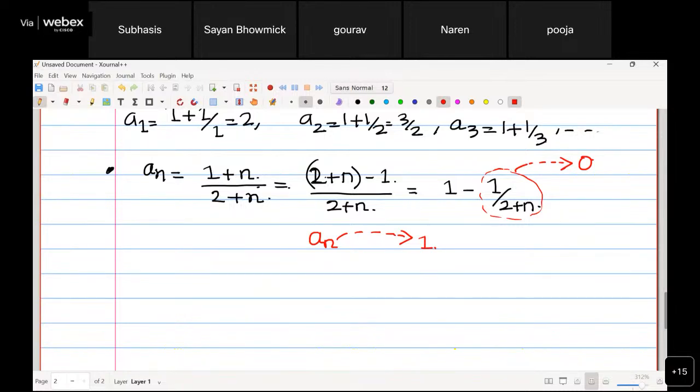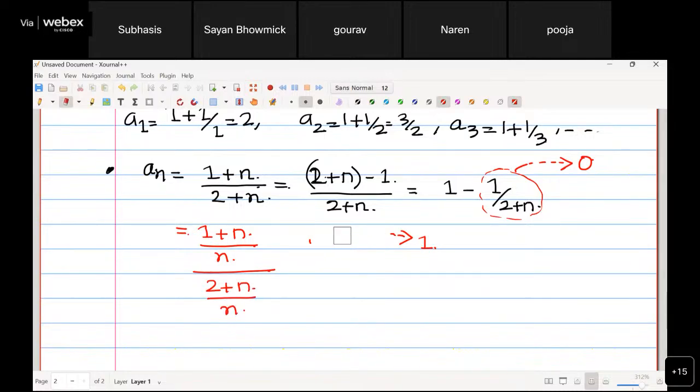Yes. And as Santan suggested, instead of doing this, we can divide the denominator and numerator both by n. If I do that, what I get is this divided by (2 plus n) by n.